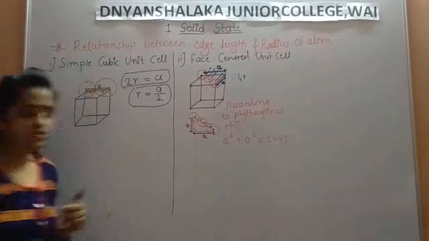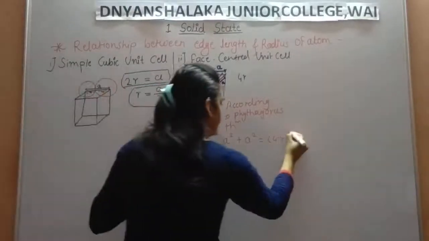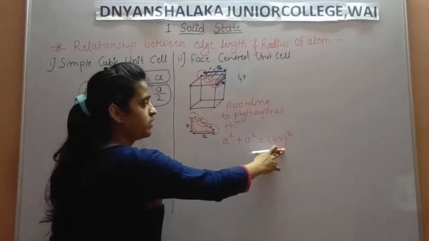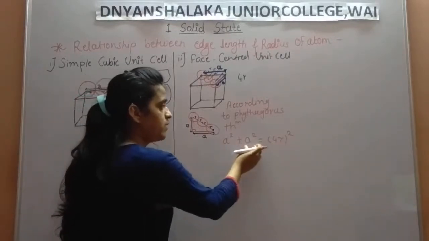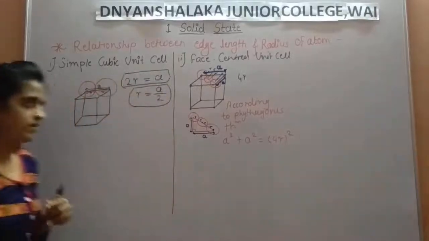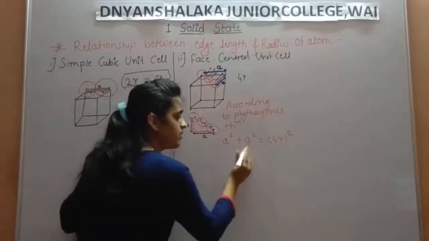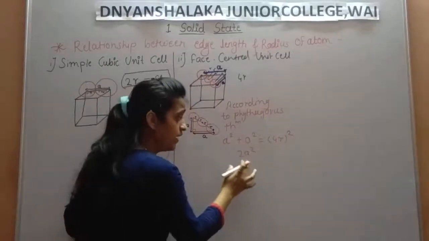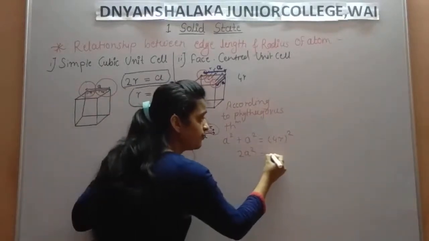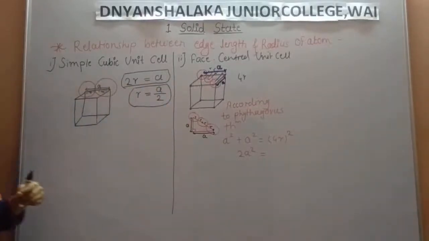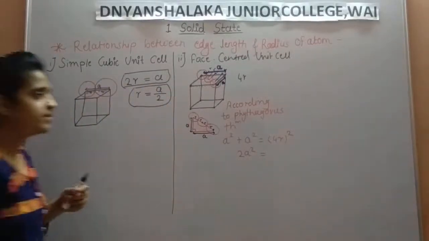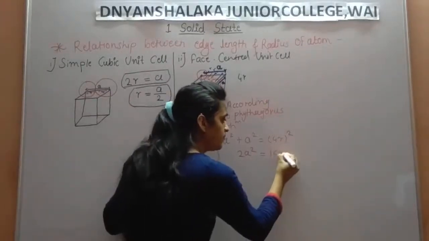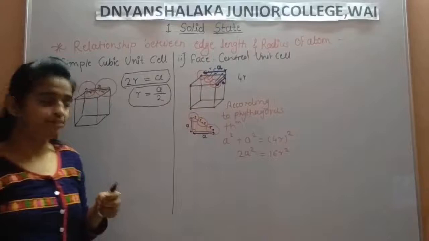So a square plus a square is equal to 4r square. a square plus a square gives 2a square, which is equal to 4r square. 4 square is 16, and r square stays r square.